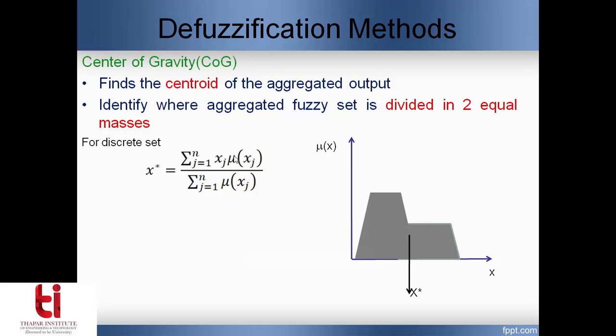That is the multiplication of the element and its membership value. Whereas for the continuous set, it is like finding the area under the curve. So it is trying to actually find the centroid of that. So I try to identify the area under the curve, weighted by the value of the element itself. Okay. So it is quite a true reflection.